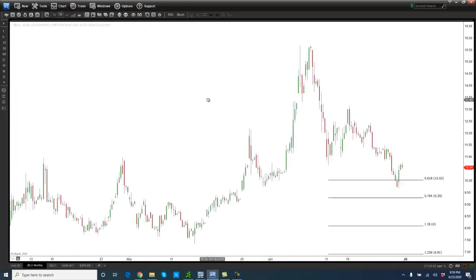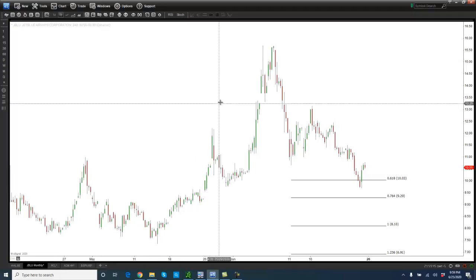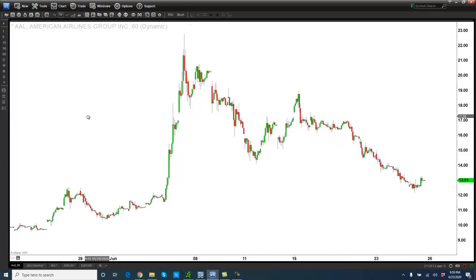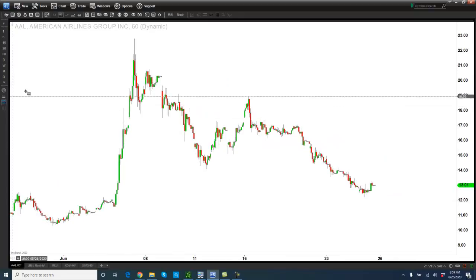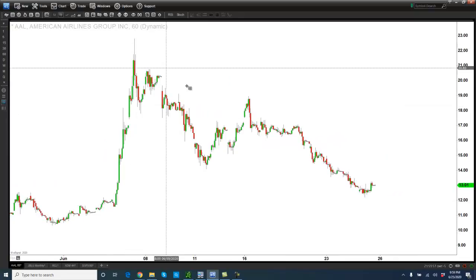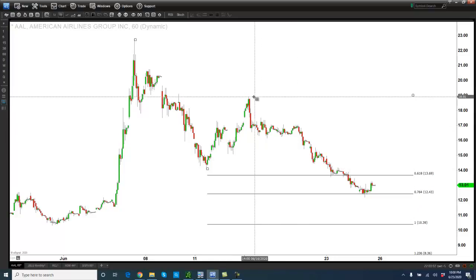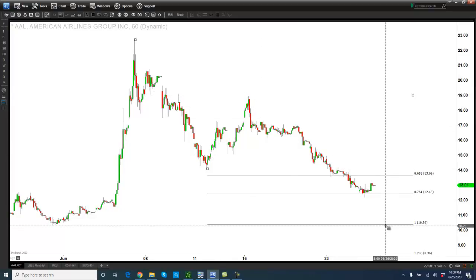We have JetBlue, also in the transportation sector, calling lower to around 8. And we have American Airlines, that also from the 5th of June to the 16th of June, has a little more downside.